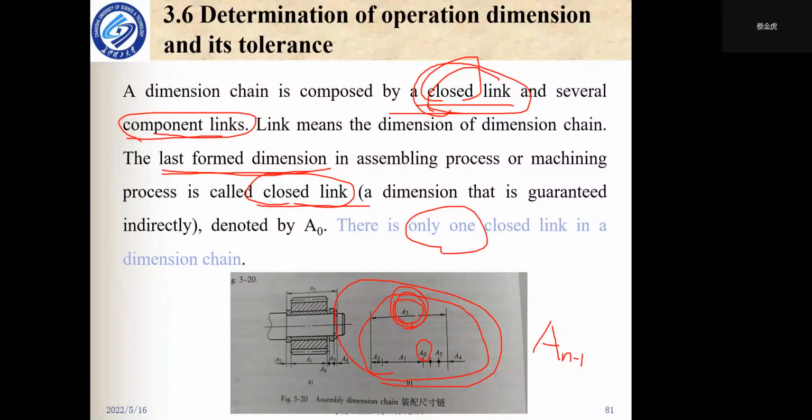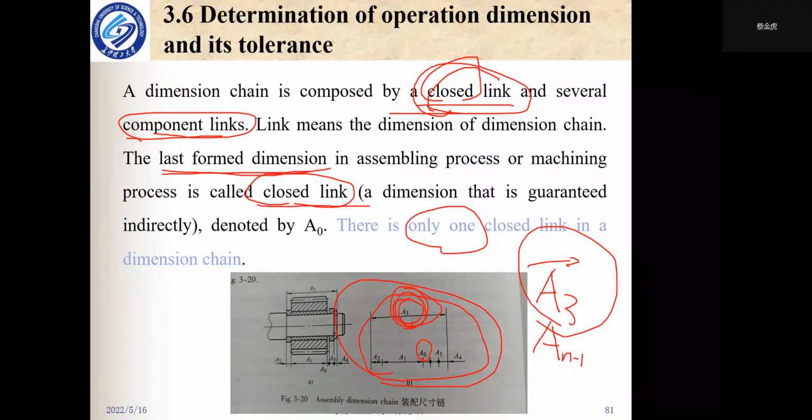So in this figure, for closed link A0, the component link A3 is the increasing link, which can be represented by this symbol.